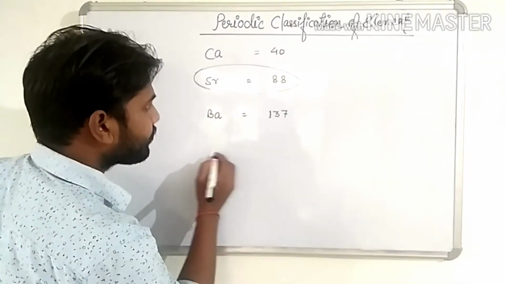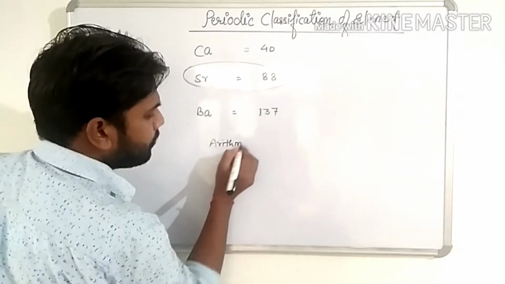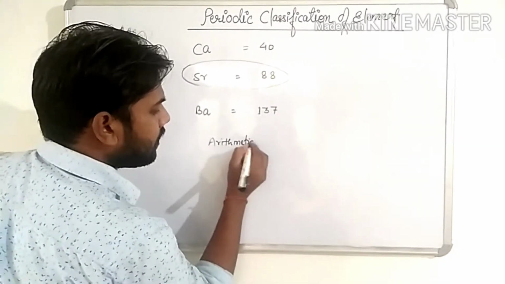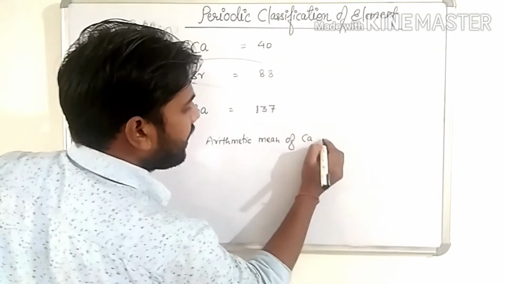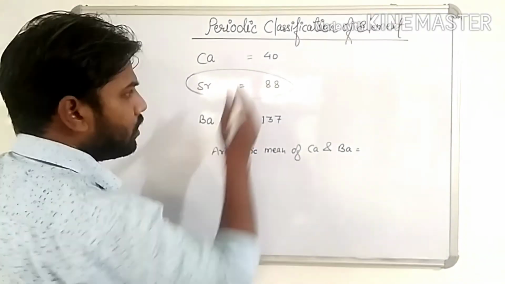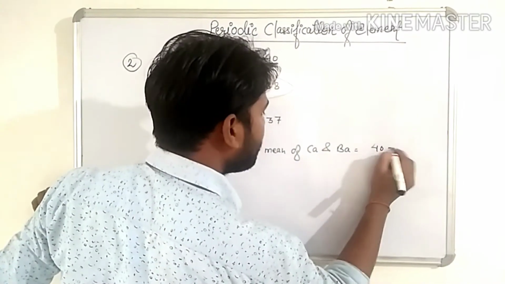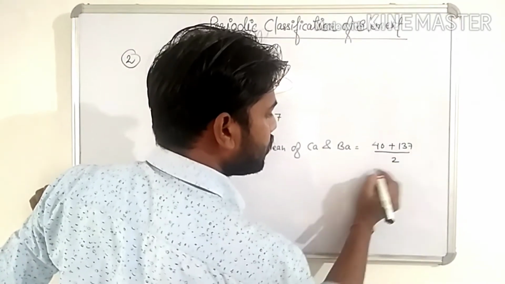See children, arithmetic mean of calcium and barium is 40 plus 137 by 2.